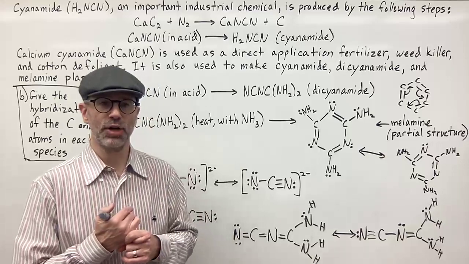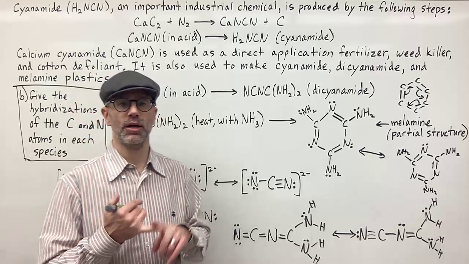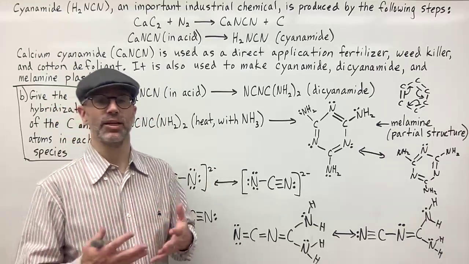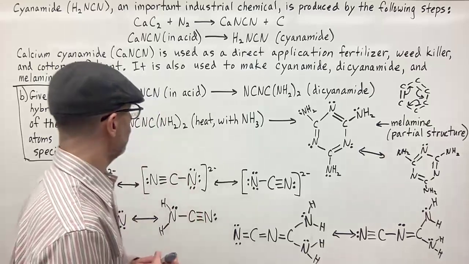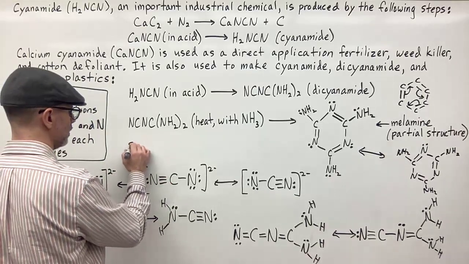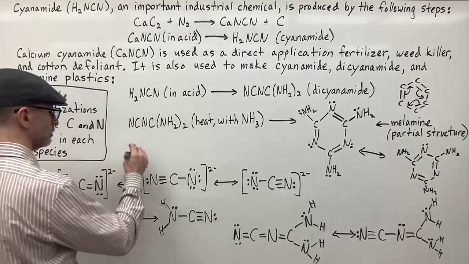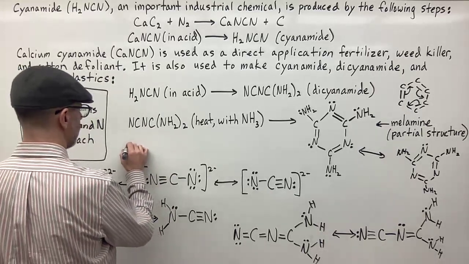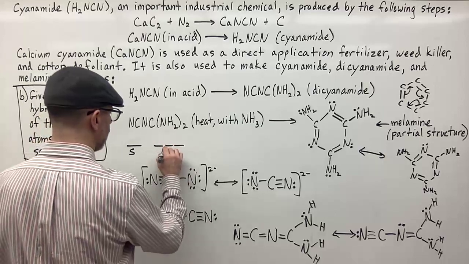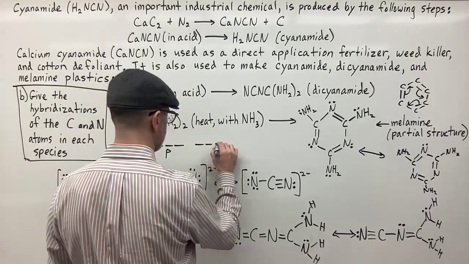So the number of electron groups is going to be the same as the required number of atomic orbitals you need to hybridize together to get your hybridized orbitals. So remember, I'll write it here. So we have our s orbitals, one s orbital, our p orbitals, and then we have our d orbitals if we need them.